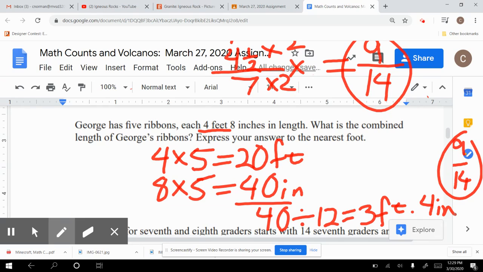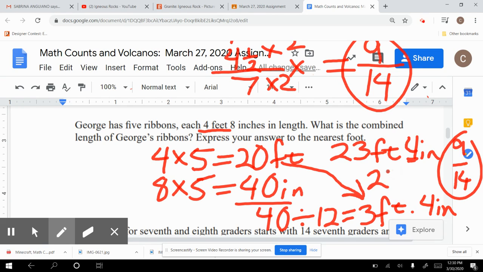So if we add the 3 feet 4 inches to the 20 feet, that would be 23 feet and 4 inches. Okay. Well, if you round that to the nearest foot, that is less than half of a foot, which means that your answer should be 23 feet.